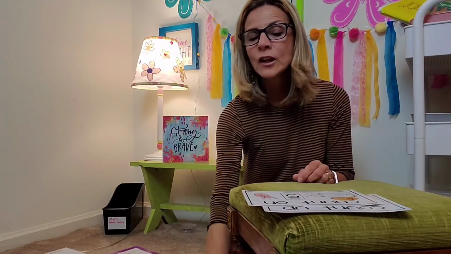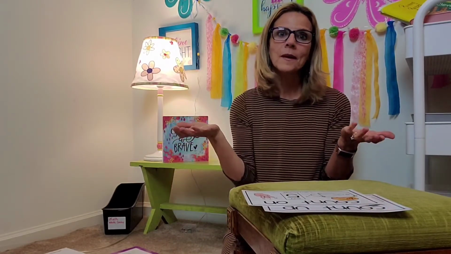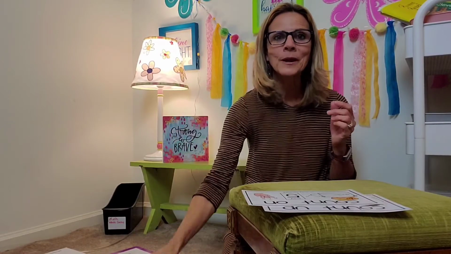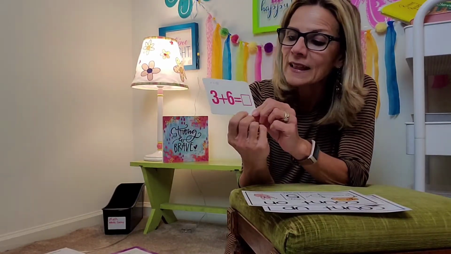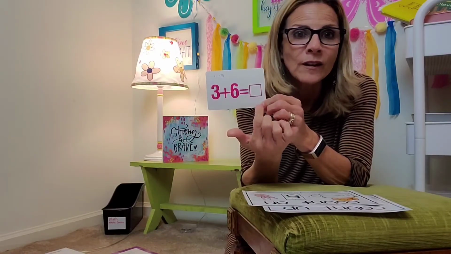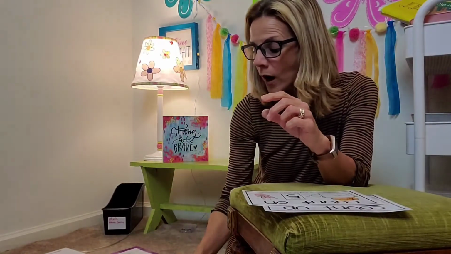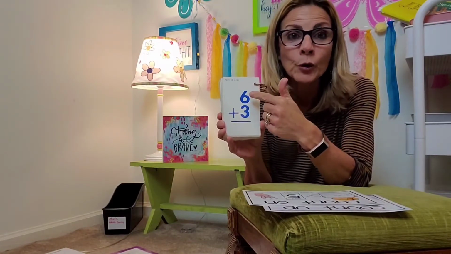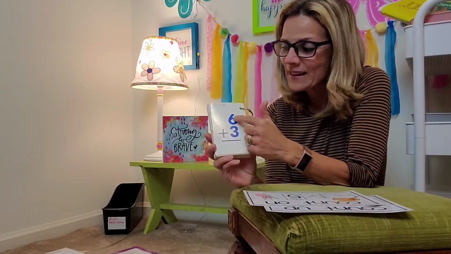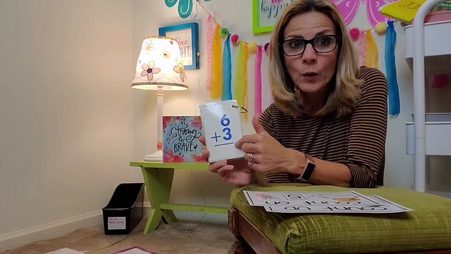Now, let's take a look at the way math problems, when they're adding, might appear. They might encounter a math problem that looks like this in a horizontal position, or the same two addends might be going vertically. 6 plus 3 equals.